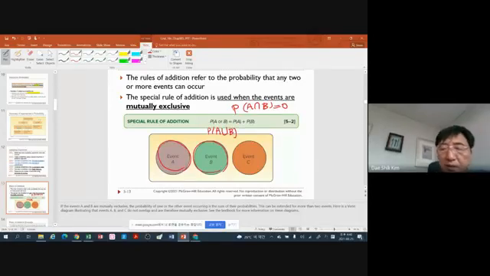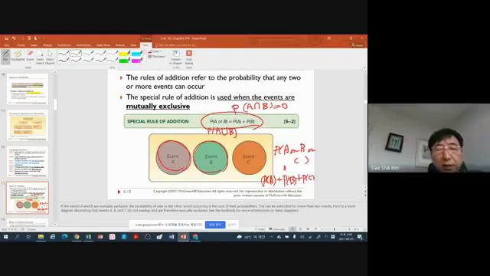Let's say, what is P(A or B or C)? Anything happening is P(A) plus P(B) plus P(C). Okay, so you need to understand this definition like that.